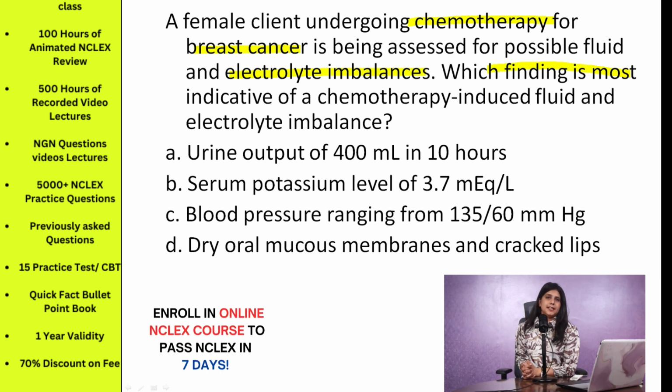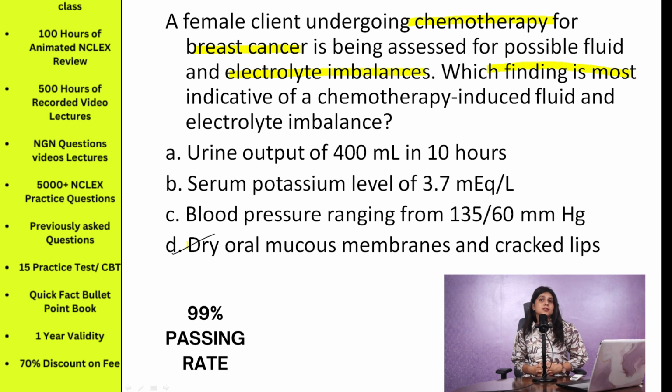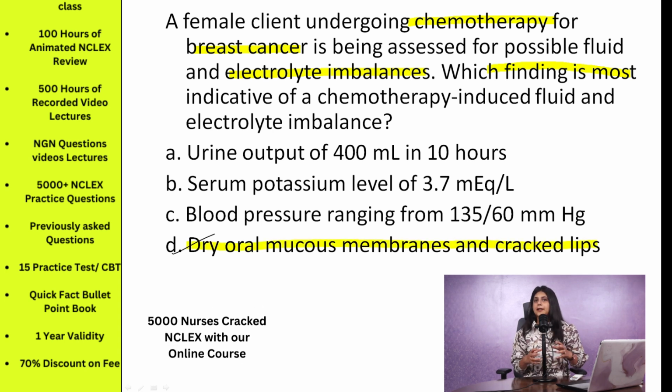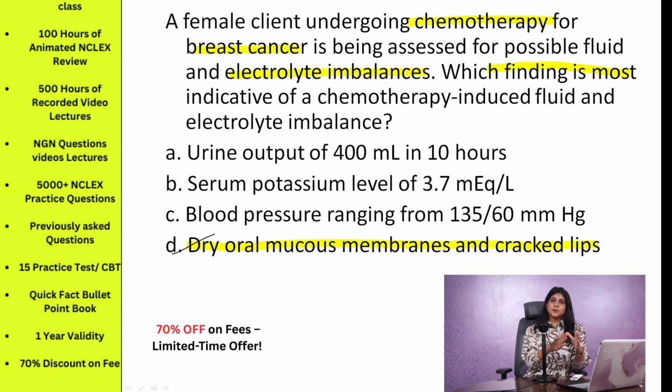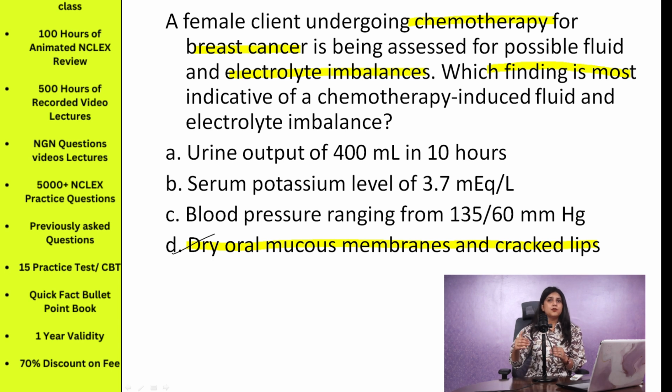Correct answer: D. Dry oral mucous membranes and cracked lips are signs of fluid loss, which is common due to chemotherapy-induced nausea and vomiting. Option A. A urine output of 400 milliliters in 10 hours is lower than normal, but significant fluid loss would be indicated by urine output below 40 milliliters per hour.